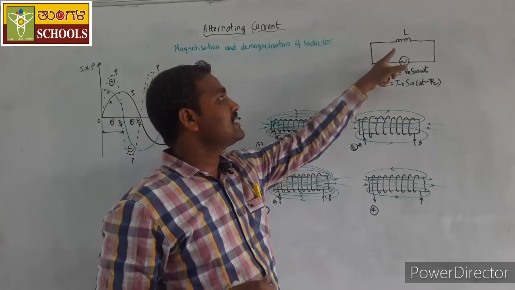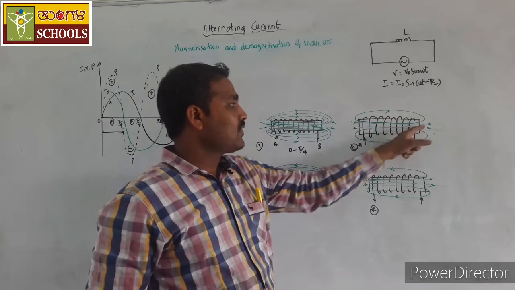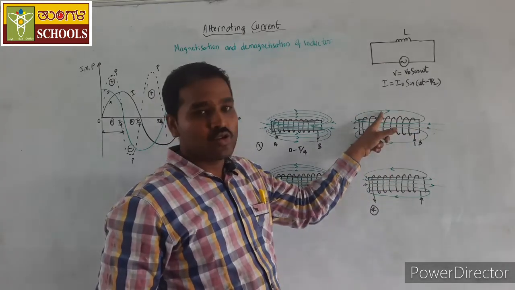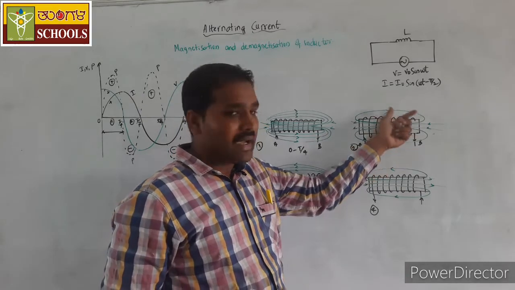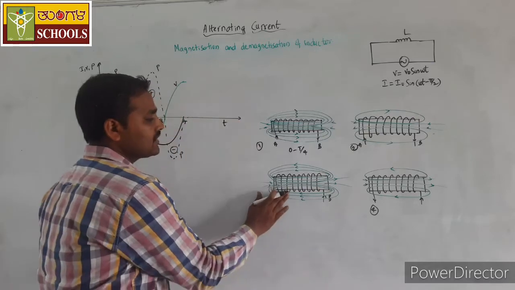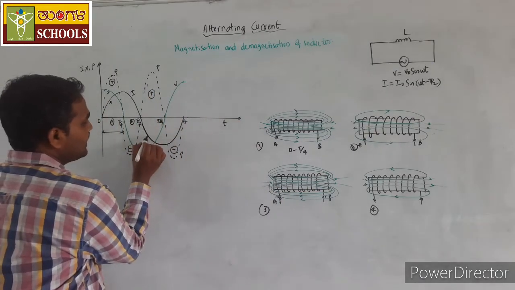The flux around this inductor is reducing, which is shown by the smaller number of magnetic field lines here.